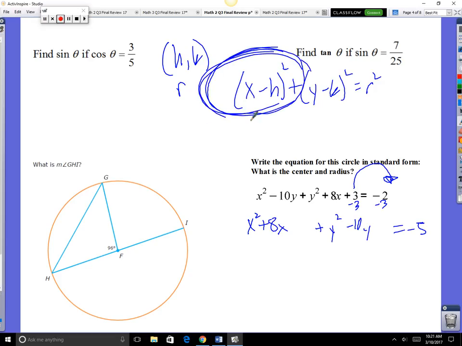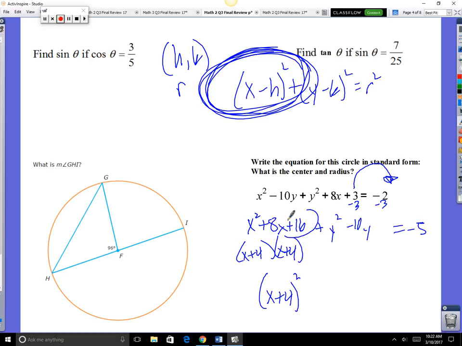Right now this is not a perfect square, so you need to complete the square. I'm going to add my own number here. If I add a 16, because it's x squared plus 8x plus 16, then I can factor that to a perfect square: x plus 4 times x plus 4, which is x plus 4 squared.